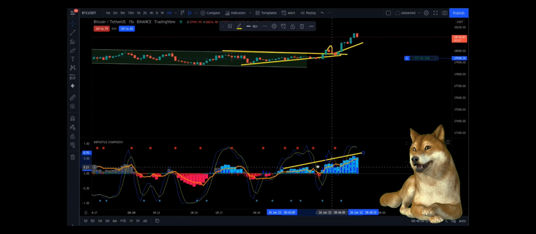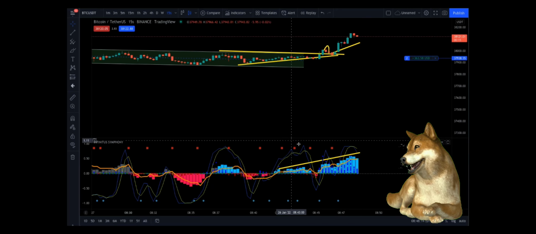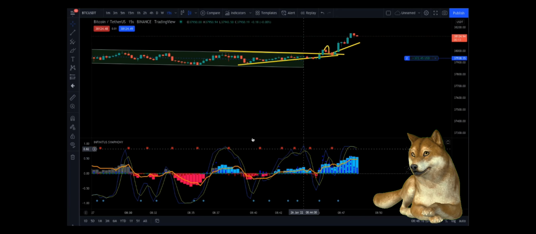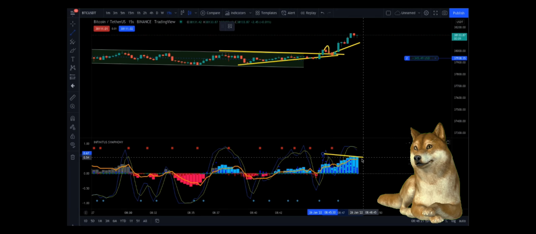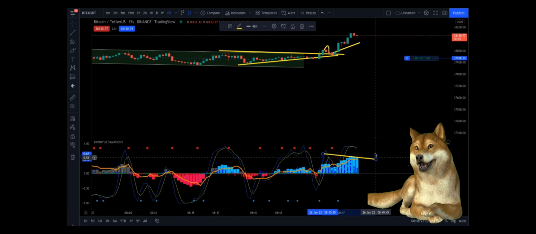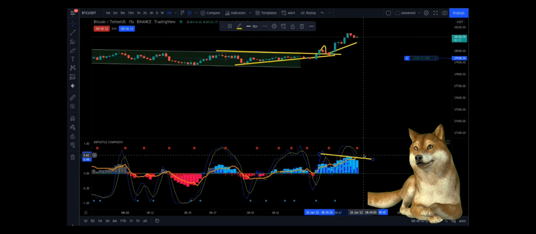All right, so Q bars increasing, and interest slightly decreasing. We might have had a top here. I'm going to get out at the next, I was going to say next Renko, but here it is.